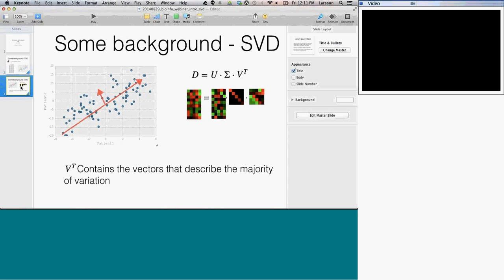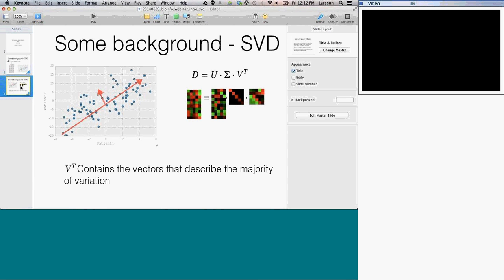And the values in sigma are 0 everywhere except the values on the diagonal, and those are called the singular values, and they represent how much each of these vectors in U capture in the data. So it's a measure of information contained in each of these vectors. And the third matrix, V transpose, is again an orthogonal matrix, which means that each of the rows in this matrix are independent of each other.